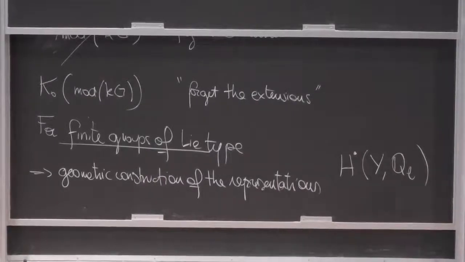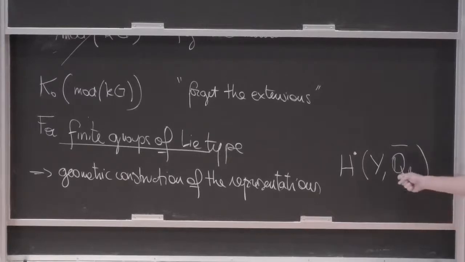So something with coefficients in Q_L or Q_L bar, this L-adic ring, or its algebraic closure. But so this is really very difficult to compute, or even very difficult to define. I won't say anything about this.